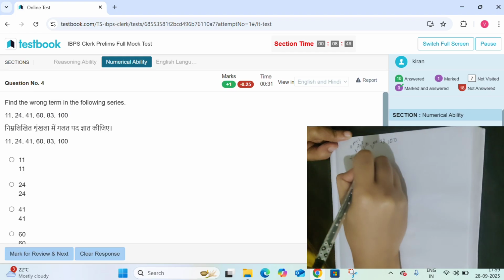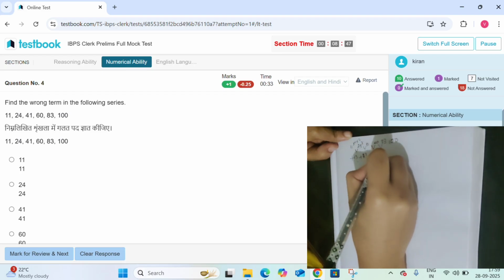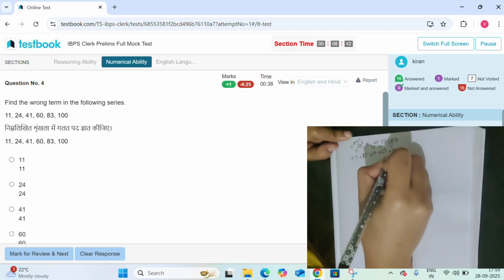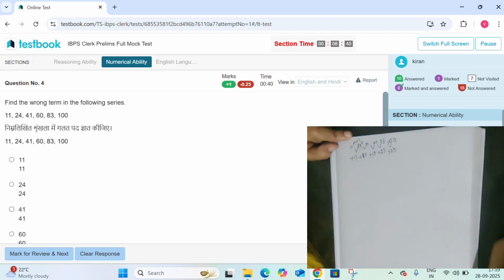Plus 17 plus 19 plus 21, sorry, 23 plus 29. It should be 9. The 100 is a wrong number.